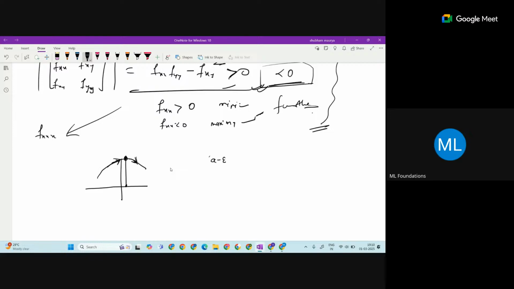In the interval A minus epsilon to A, it is increasing, and in the interval A to A plus epsilon, it is decreasing. If this is happening, then this point is a local maximum.